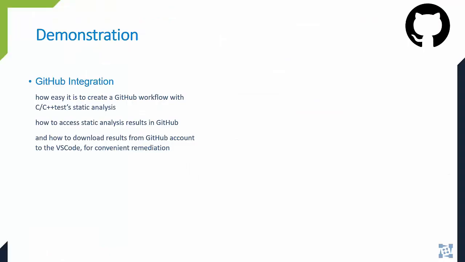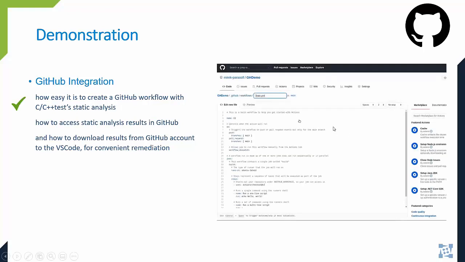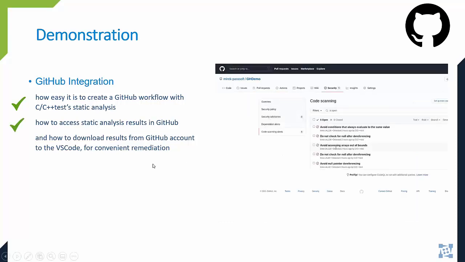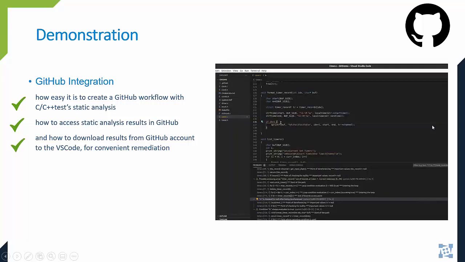So let me, for a moment, go back to my slide deck and quickly recap. For the GitHub part of our demonstration, we've seen how easy it is to create a GitHub workflow with C++test static analysis, how to access static analysis results in GitHub, and how to download results from GitHub to VS Code for convenient remediation.